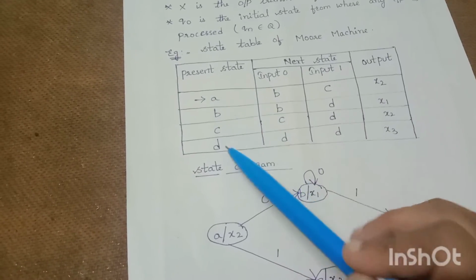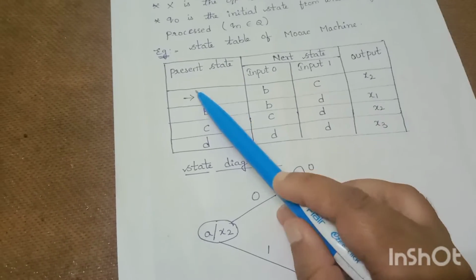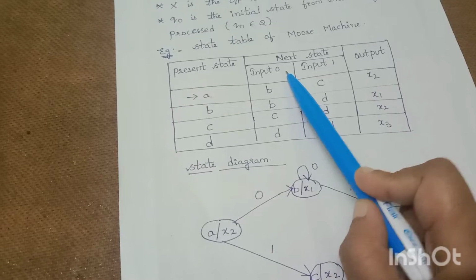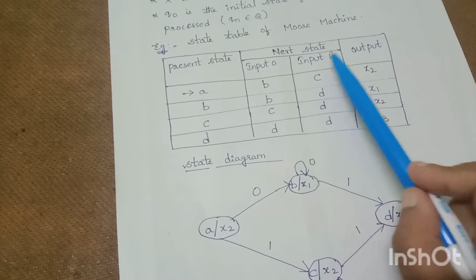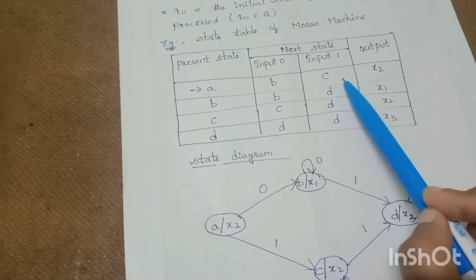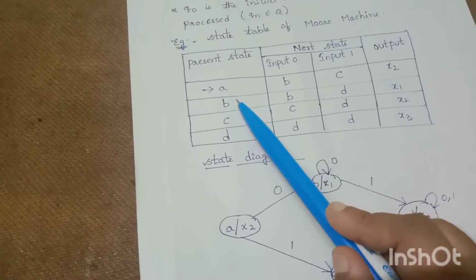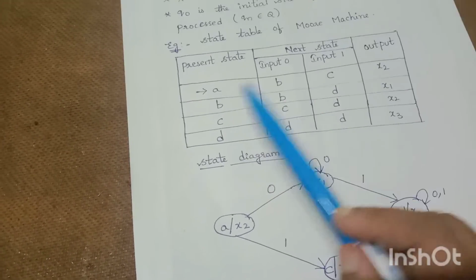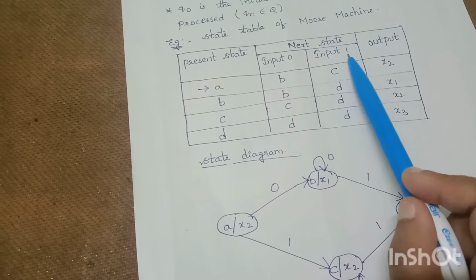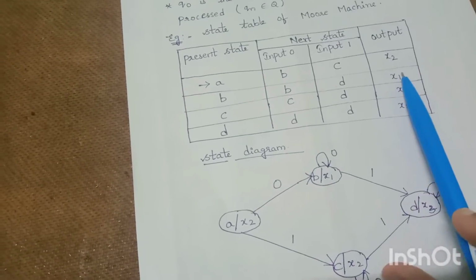We are considering four states A, B, C and D. A, on taking input 0, moves to state B, and on taking input 1 moves to state C, and the output we get is x2. B, on taking input 0, stays in state B, and on taking input 1 goes to state D, and the output is x1.